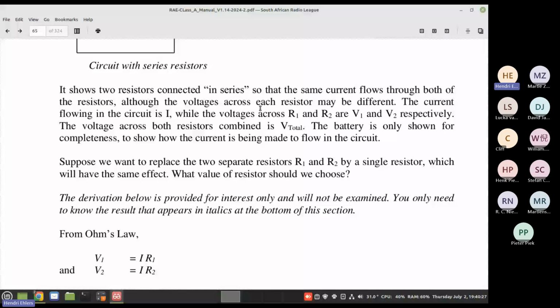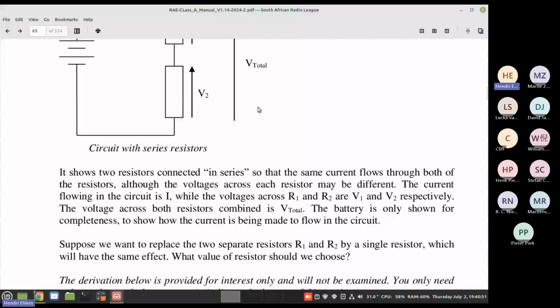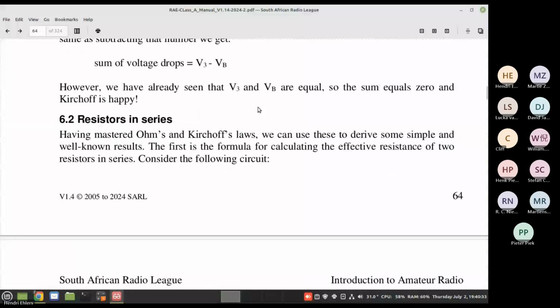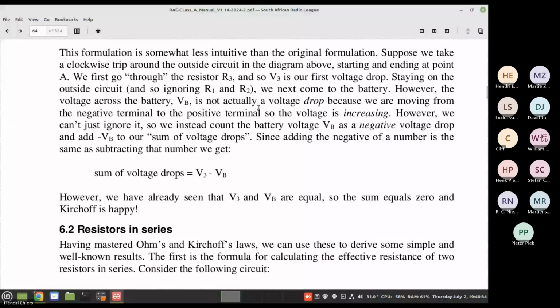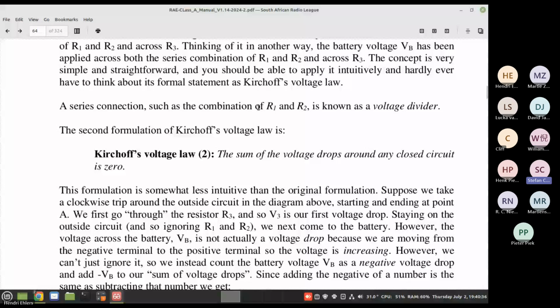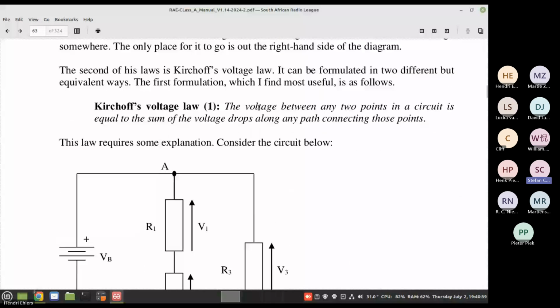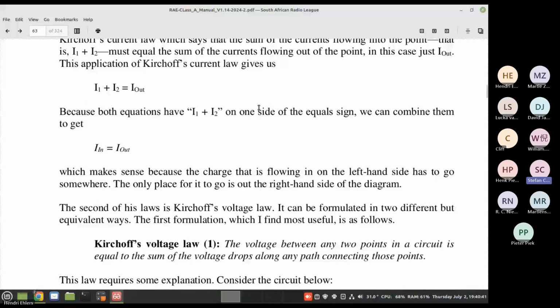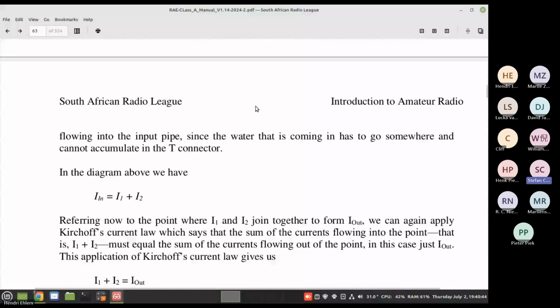Now, for some reason, I just can't find it. They say it in one sentence. Is it that the globe's like a resistor, so there's a voltage drop through the first resistor? Yes, correct.